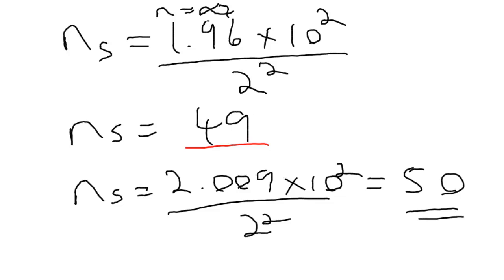And you continue until you get two answers which are the same or similar. If we did it again, we would get the same number. So this now says that we would need to collect 50 samples, or 30 grams, in order to get a percent relative error of 2% and relative standard deviation of 10%.